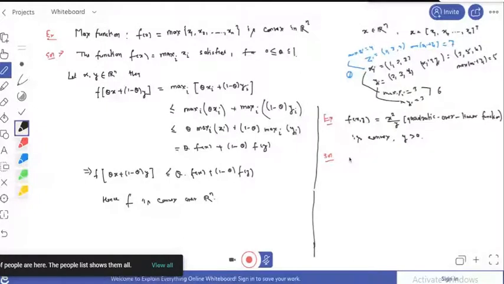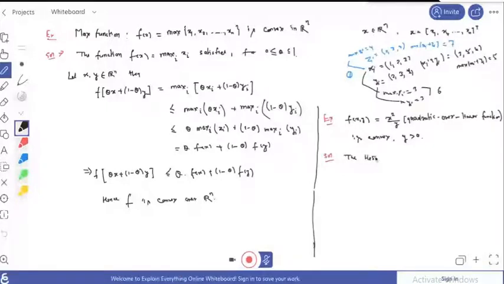This means you have to obtain the Hessian of this function f(x, y), which equals the second derivatives of f(x, y) with respect to x and y. So you solve this and try to find the values for this function.